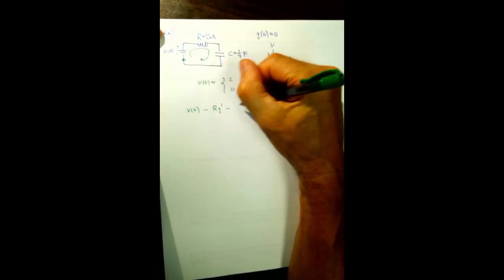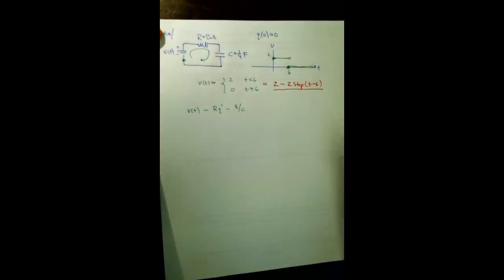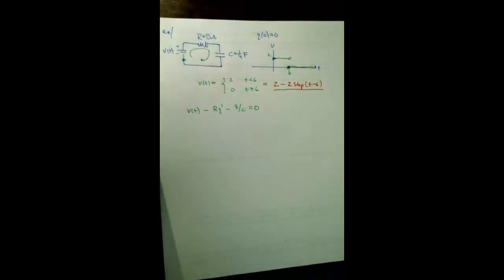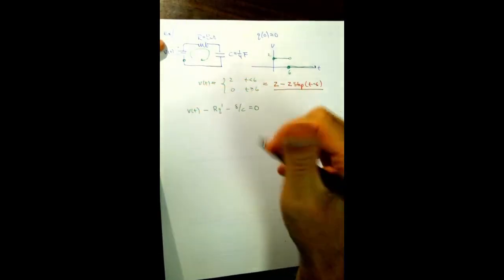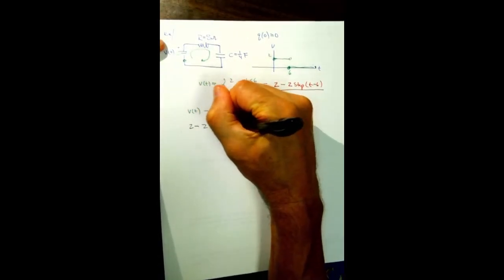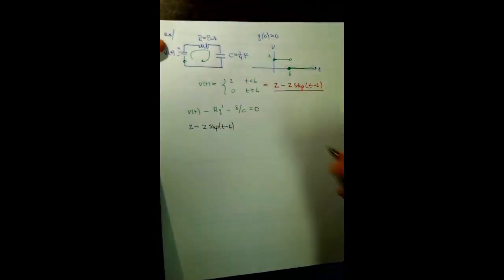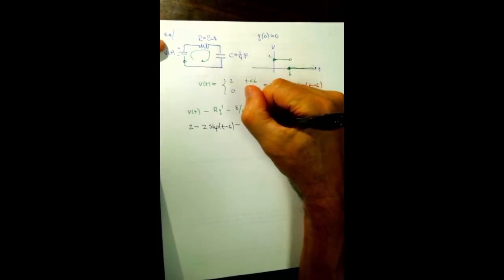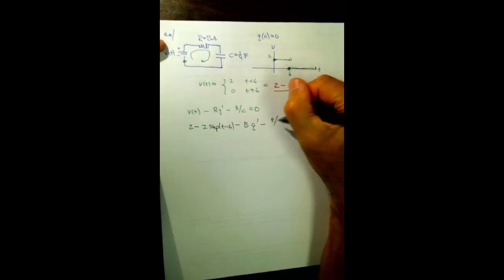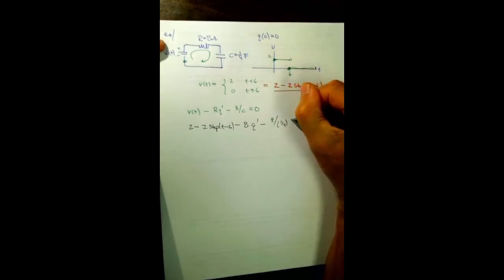And then across the capacitor, it's going to drop Q over C. Now I'm back to here, and that's going to equal 0. So what does that mean? So for my v of t, I have 2 minus 2 times the step function, t minus 6. My resistance is 8 times q prime, and then I'm going to have q over 1/4 is 0.